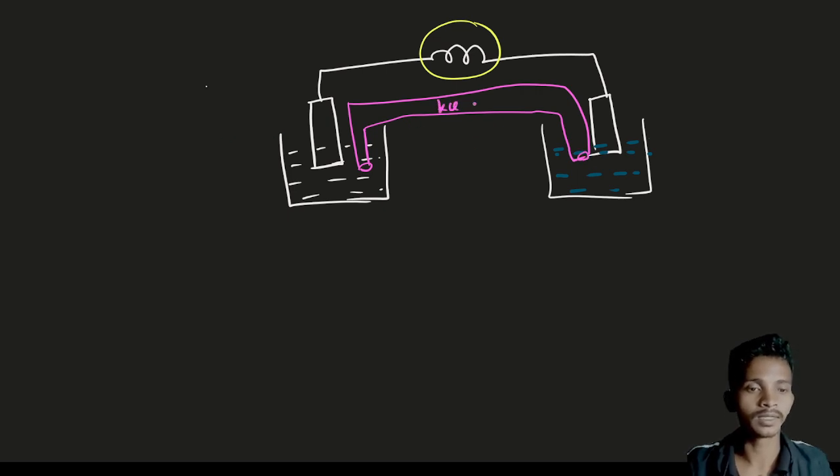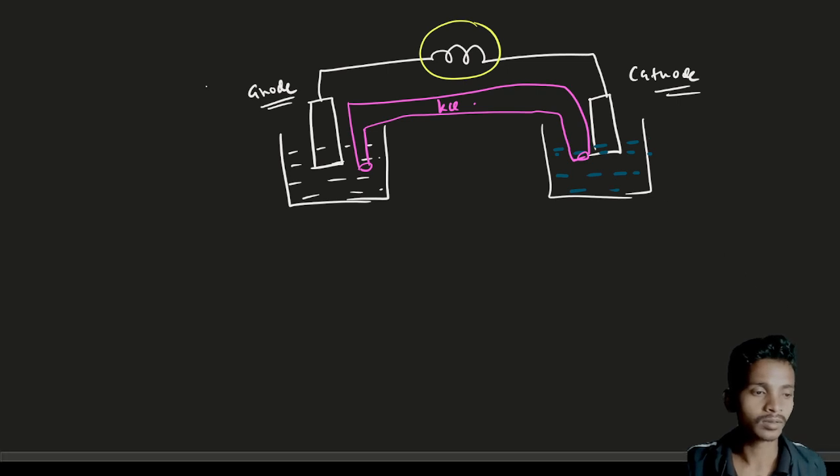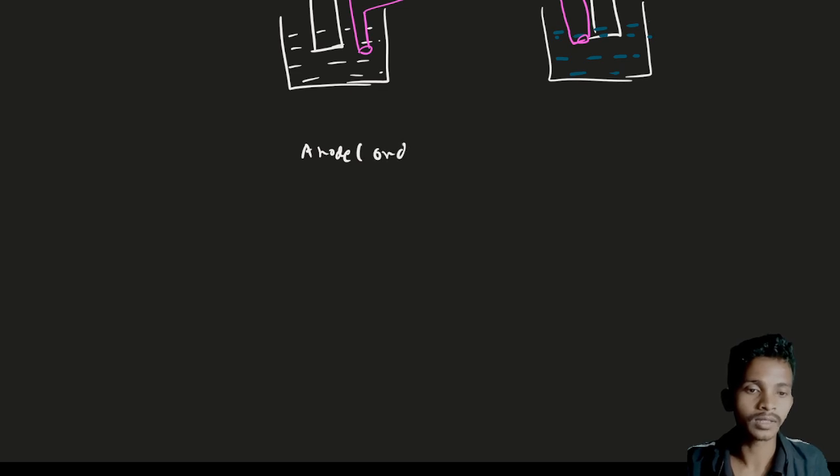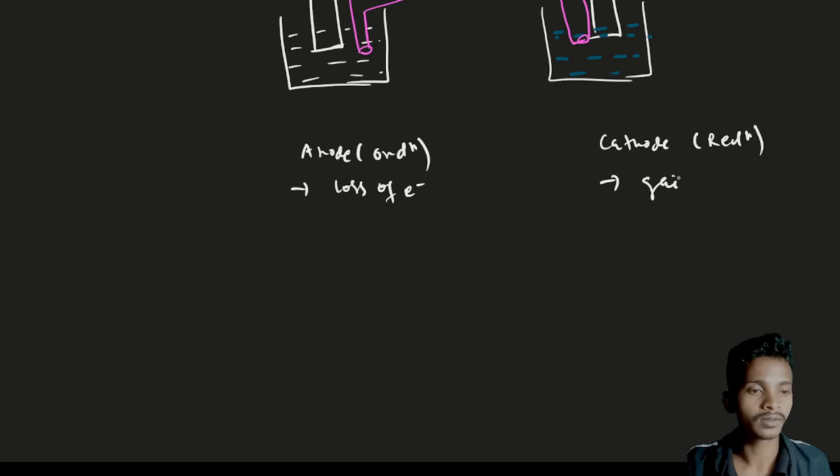Let's say KCl is there. Here this is the anode and this is the cathode. Anode means oxidation, and cathode means reduction. Here is loss of electrons, and here is gain of electrons.